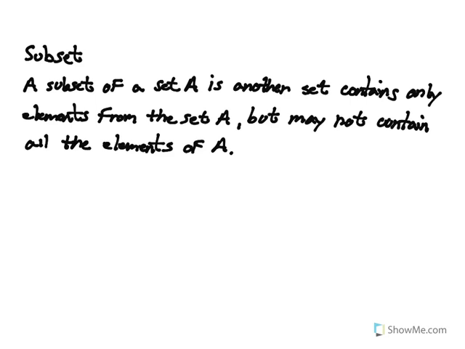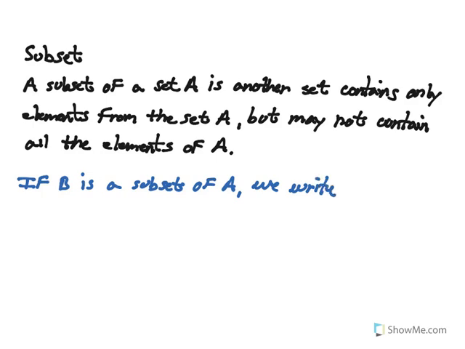If B is a subset of A, then we write this, kind of like a U that's on its side with a line under it. B is a subset of A.